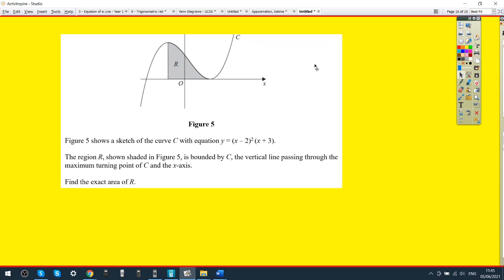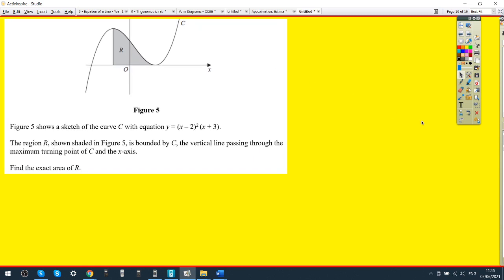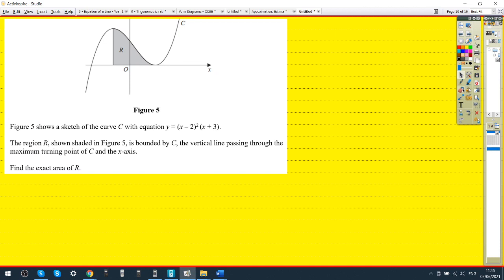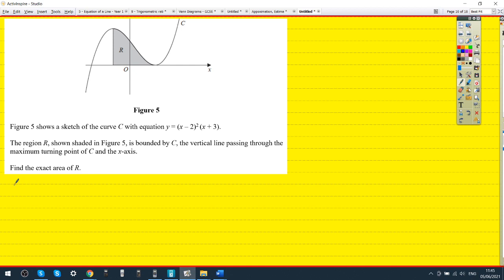Okay, how about this? So do we want to first expand the bracket on the right?